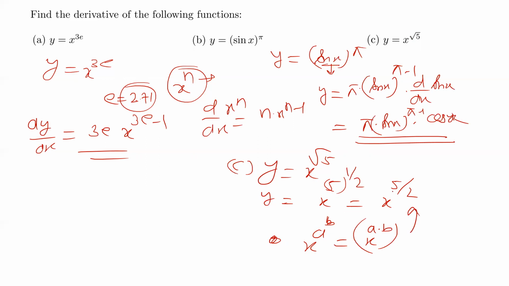So here 5 power 1 by 2, we can also write x power 5 by 2. Then take a derivative. Here n is 5 by 2 in fractional form. Then 5 by 2 into x power 5 by 2 minus 1. Then 5 by 2 into x power 3 by 2. This is my answer.